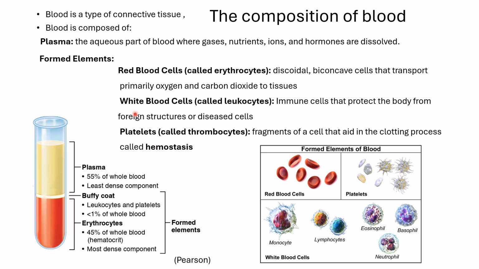So now I want you to notice that white blood cells are the only cells which have all the components of a cell. They have a cell membrane, they have a nucleus, they have a cytoplasm. Red blood cells do not have nuclei, and similarly platelets are only fragments. There is actually a very interesting way in which platelets are formed. You are going to learn about it in your lecture.